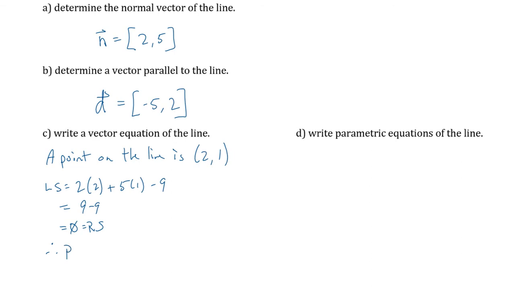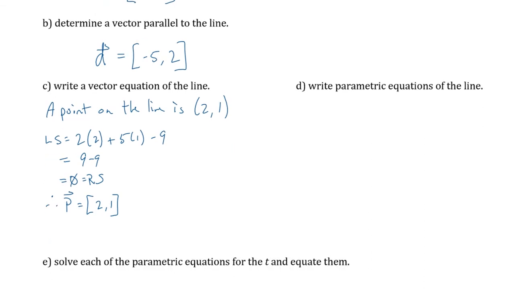So that means I now have a position vector. Remember, points and vectors are not the same, and we think of them as interchangeable. Well, if this is a point on the line, then obviously that's a vector on the line. But when you're answering questions, you can't just assume that. If the question is asking for a vector, your answer has to be a vector. If the question is asking for a point, your answer has to be a point. That's a picky topic.